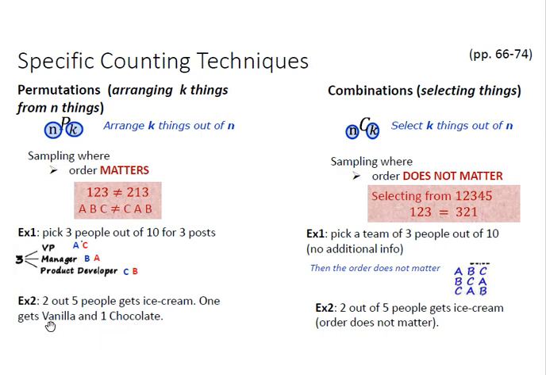So order is important here again. But look at here, 2 out of 5 people get ice cream. It means we just should select a group of 2 people out of 5 people to give them ice cream, and the order is not important here.